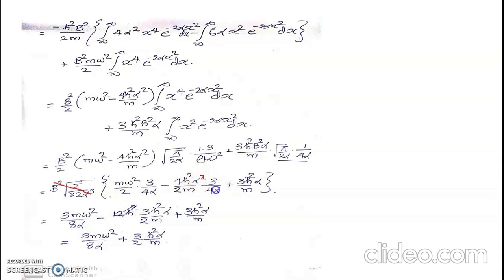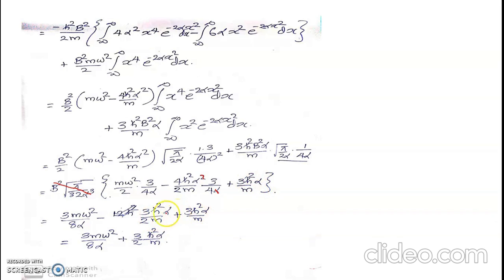Alpha is there, alpha square is there, and that will go with this alpha. Then this is for all, it goes 3 by 2 ħ² alpha divided by m plus 3 ħ² alpha divided by m.